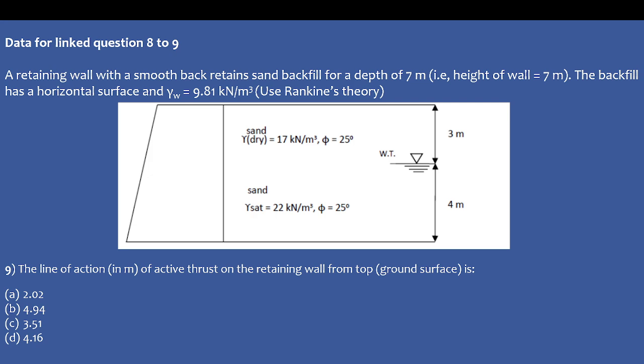You have a stress diagram which you have already seen, and then you need to counterbalance the forces to evaluate the line of action. Just see the question, give it a try, we'll check within 5 minutes.